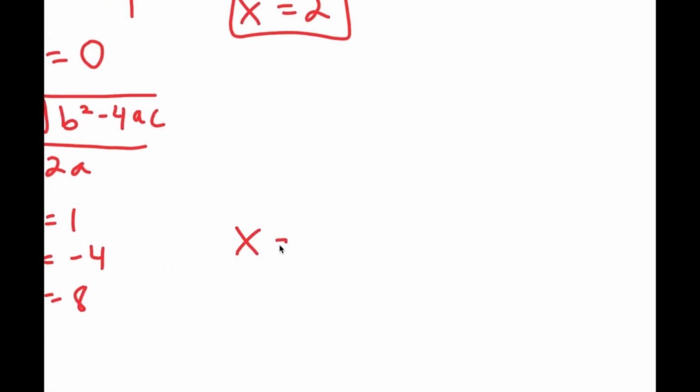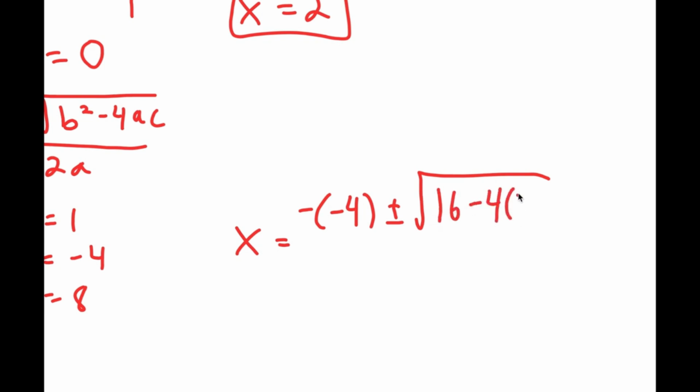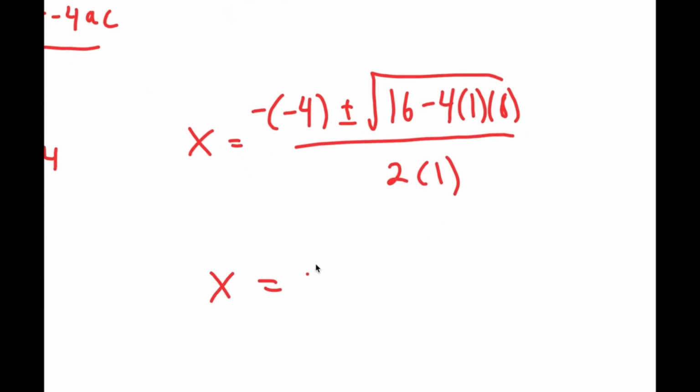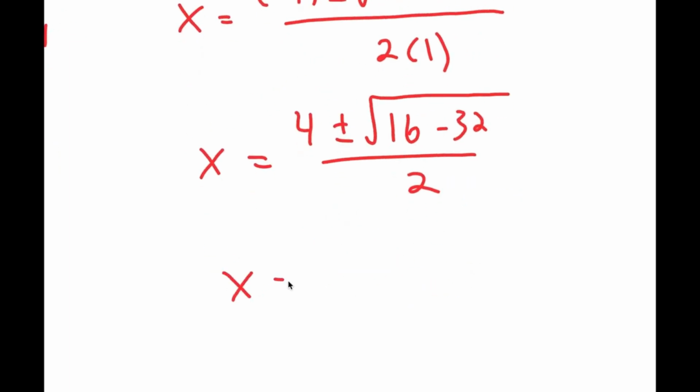So I have x equals the negative of −4 plus or minus the square root of (−4)^2, which is 16, minus 4 times a, which is 1, times c, which is 8, all over 2a, so 2 times 1. And this turns into (4 ± √(16 − 32)) / 2, which turns into (4 ± √(−16)) / 2.